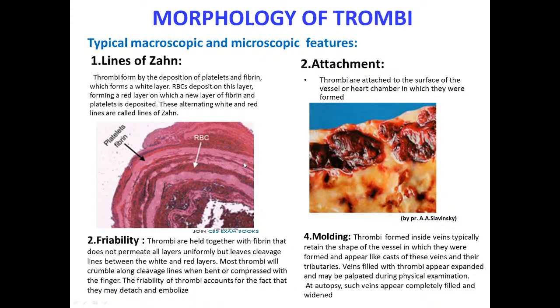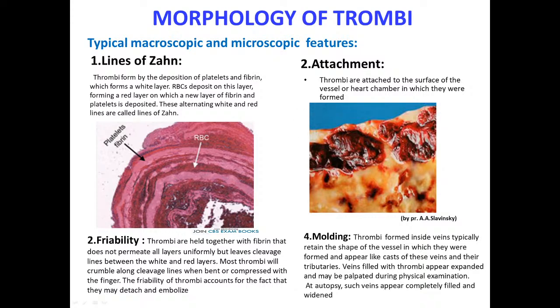Red blood cells deposit on this layer, forming a red layer on which a new layer of fibrin and platelets is deposited. Thus, alternating white and red lines are called lines of Zahn.